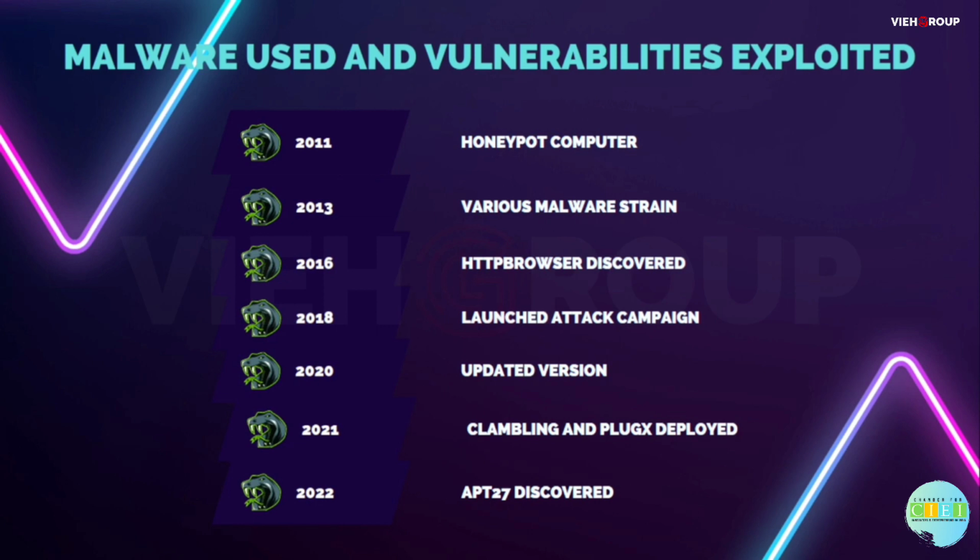And in the same year, in April, the group updated its toolkit with an updated SysUpdate malware variant. And in September, researchers alleged that APT27 was behind an attack campaign that exploited the vulnerability CVE-2021-40539 in Zoho's ManageEngine product and ADSelfService Plus.